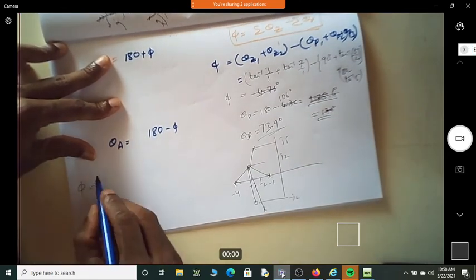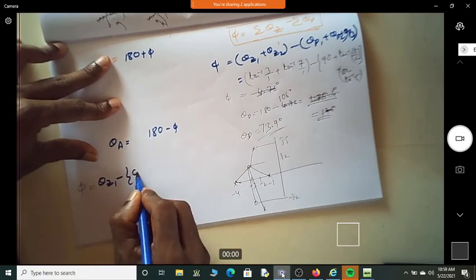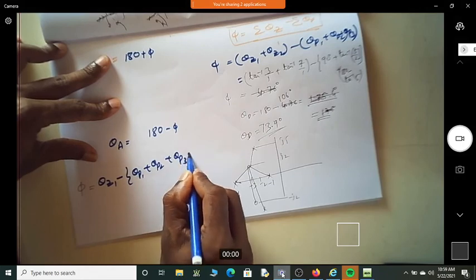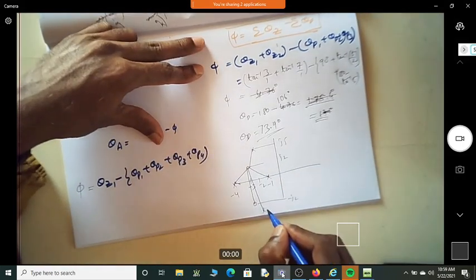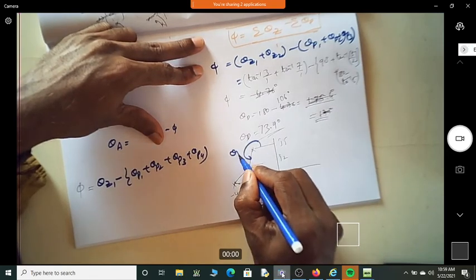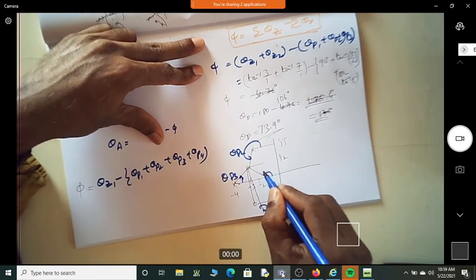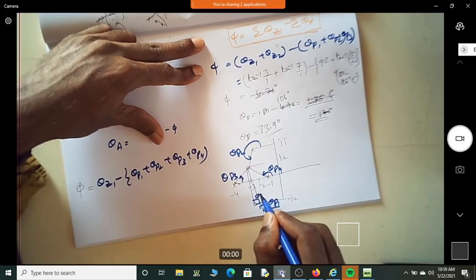So phi is equal to theta z1 minus the sum of theta p1 plus theta p2 plus theta p3 plus theta p4. So if I name this as theta p1, this theta p2, this p3, this theta p4, and this is theta z1.